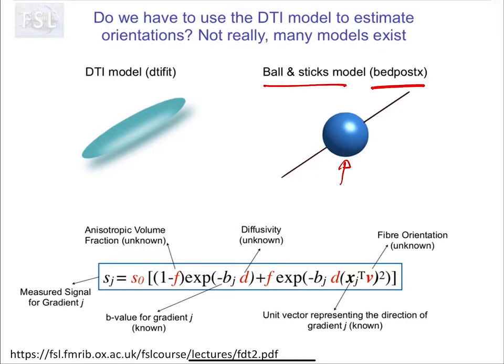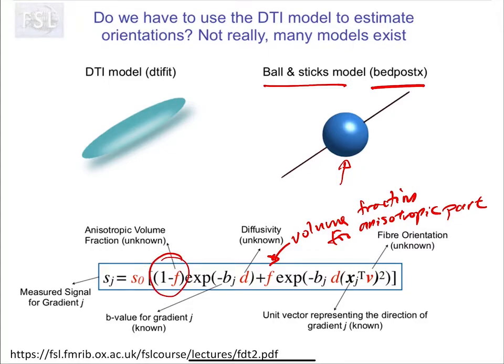Mathematically, it's represented this way, where F is the volume fraction for the anisotropic part. Okay, so we're saying some of the signal comes from that anisotropic part. The remaining part, which is 1 minus F, comes from the spherical part. So that's 1 ball, 1 stick. Okay?